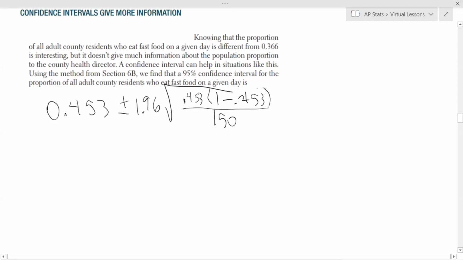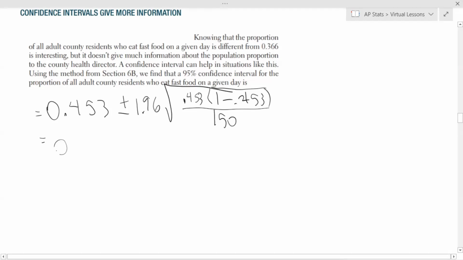Now notice here to get the standard error, we're using the sample proportion because we're trying to construct a confidence interval about the sample proportion to get a range of plausible values for the true population proportion.